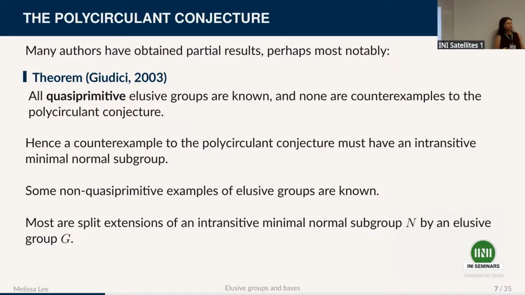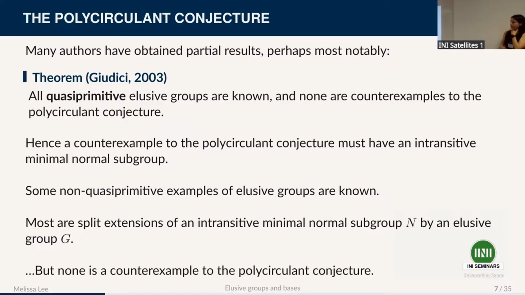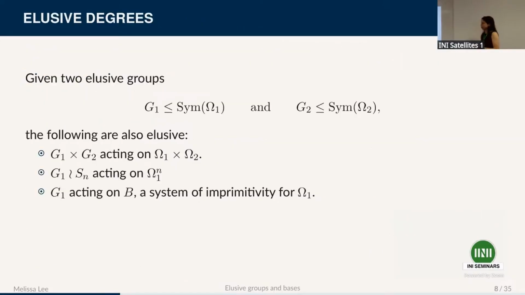So there's already an elusive group sitting underneath there. You're maybe taking an elusive group you already know and then forming an extension. Unfortunately, all of the known examples that are not quasi-primitive are also not counterexamples to the polycircular conjecture. So the polycircular conjecture is still wide open.